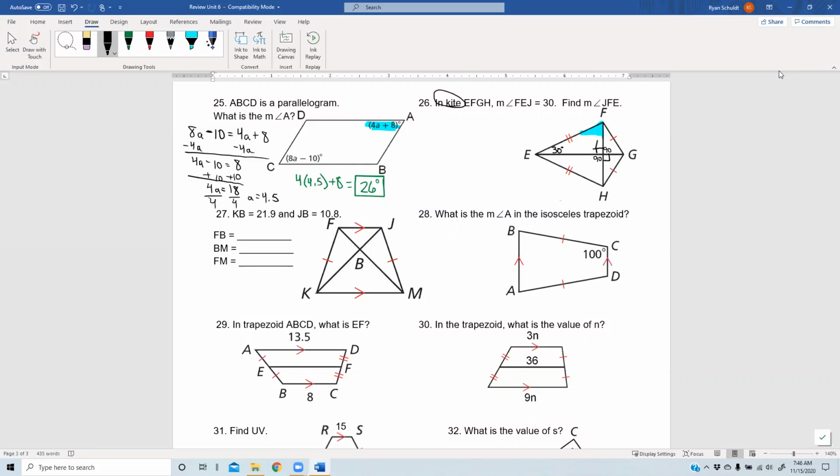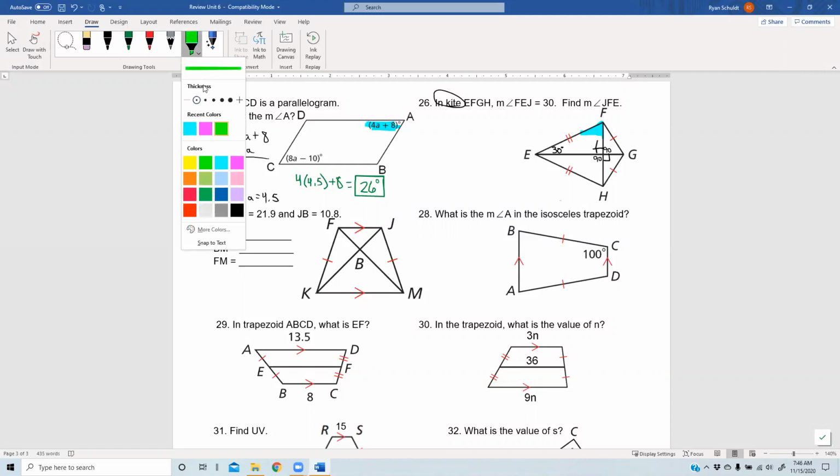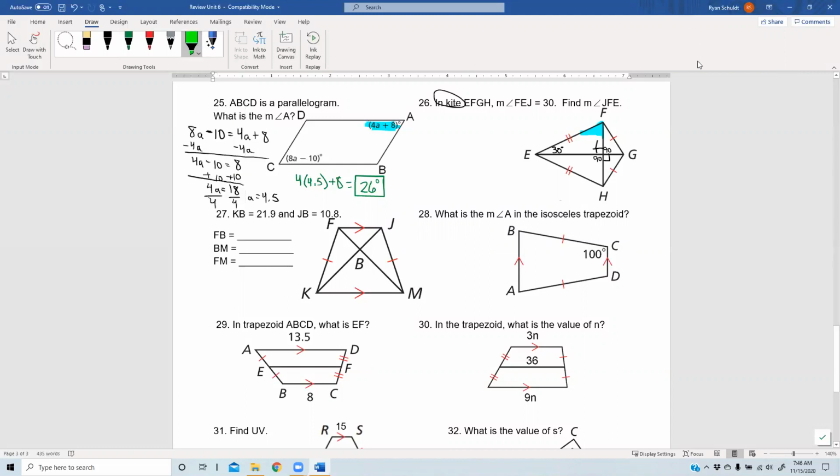So I can focus on that small triangle that I have. One angle is 30, one angle is 90.